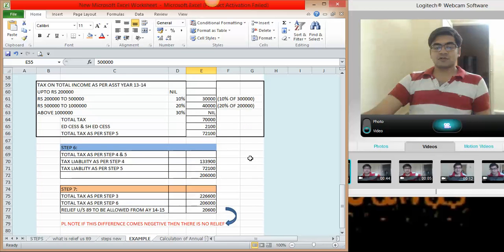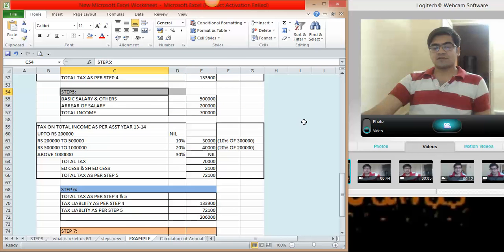And in step 5 I have added this 2 lakh rupees in the basic salary and others for financial year 12-13. Again I have calculated tax as applicable in the assessment year 13-14, that is corresponding to the financial year 12-13. So here we go, and this total tax comes to 72,100.